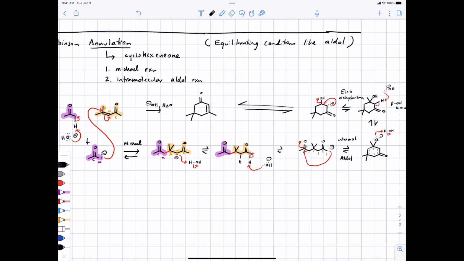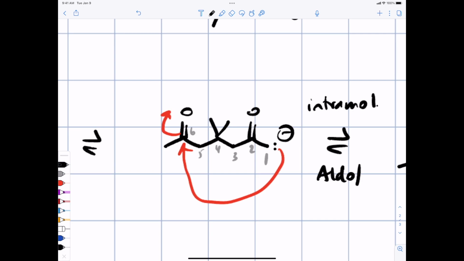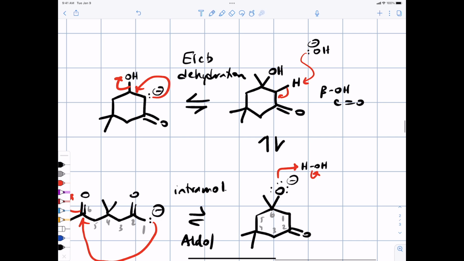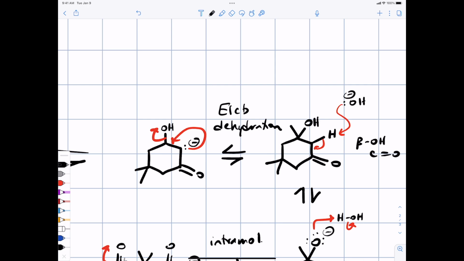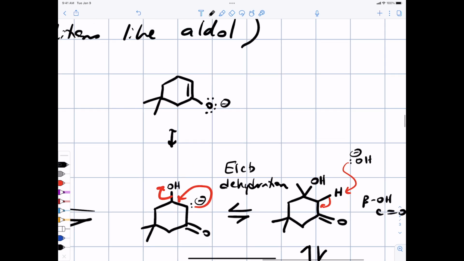Go ahead. Why does the negative charge on the carbon at the end go towards the hydroxide instead of the double bond? Oh, here? Yeah. So I think what you are describing is actually another resonance structure of this same molecule. Basically saying, doesn't that enolate have another resonance structure? Yes, it does. That's fine too.